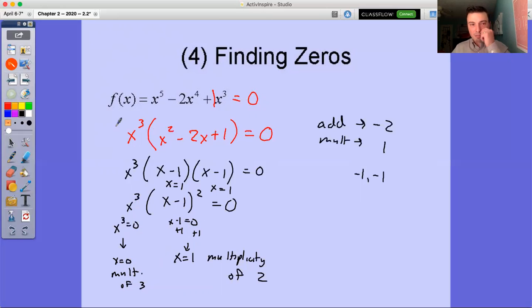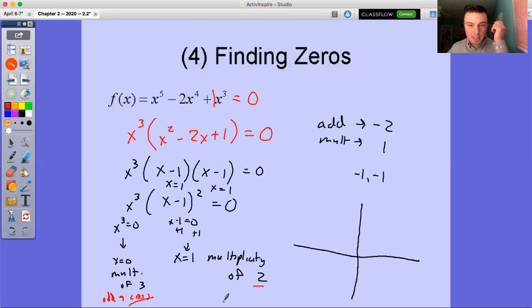Okay, so why does the multiplicity matter? Multiplicity matters because it tells us what the graph's going to do there. Since 3 is an odd number, we know it's going to cross at this one. Since 2 is an even number, we know it's going to bounce.